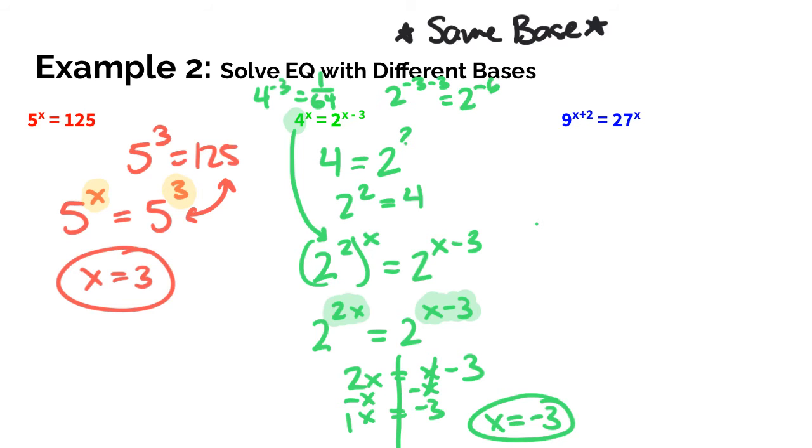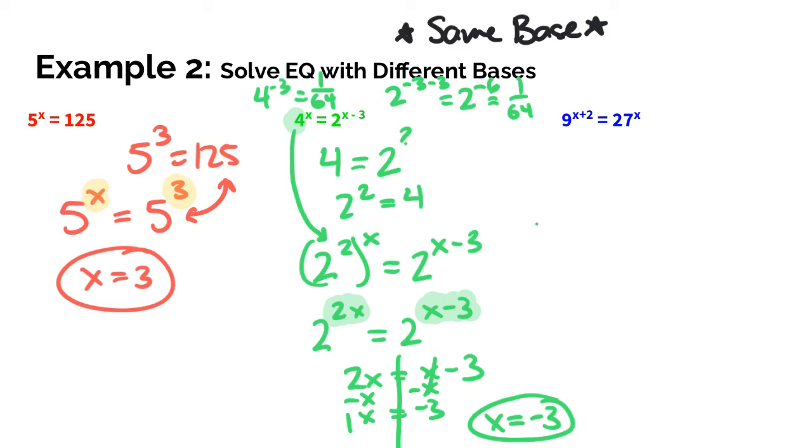If I were to plug that into my calculator, I'm also going to get 1 over 64. So what ends up happening is I found the value of x that makes both of those things true in the end. It's kind of like saying when x was equal to 3 over here, both sides would give me 125. What I had to do here was change the base so that the bases were the same.